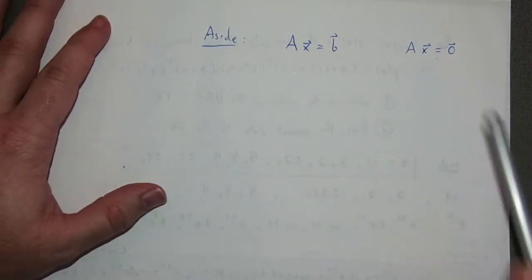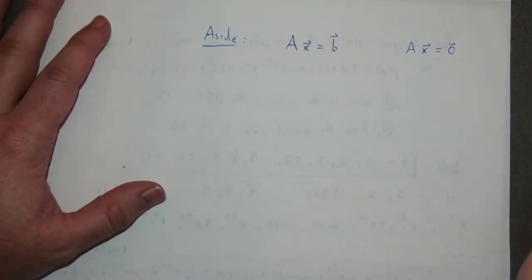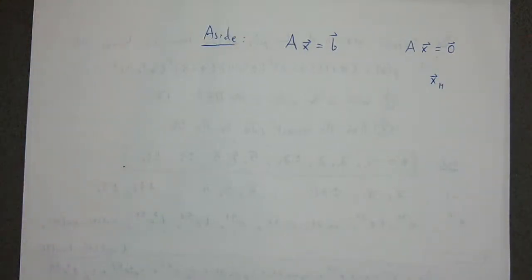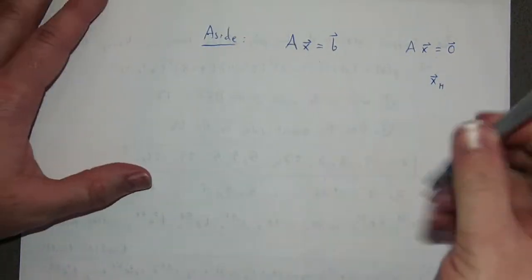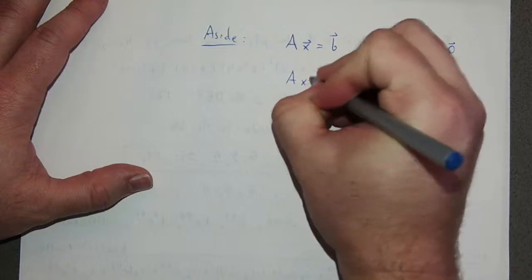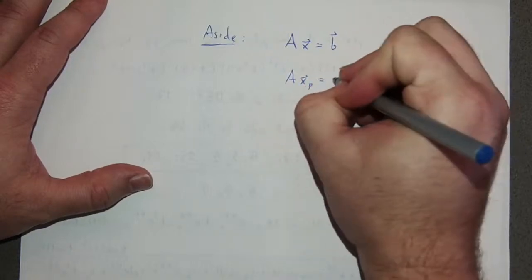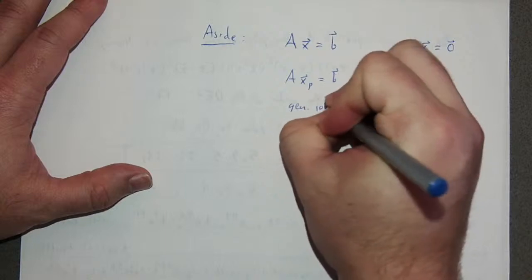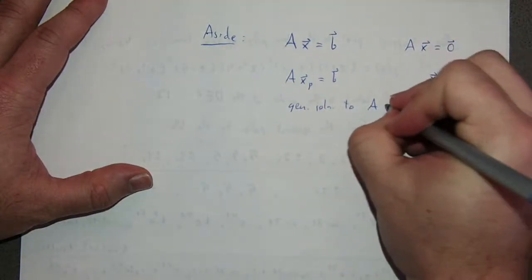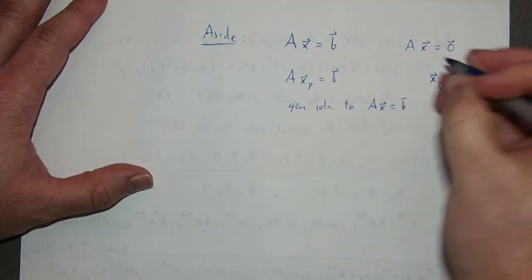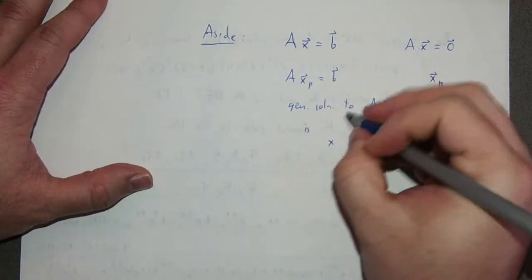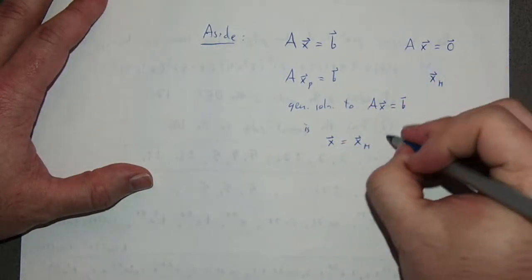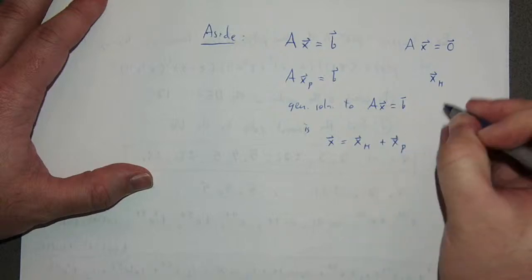Well, if this has a solution, maybe I'll call it x sub h, and this has a particular solution x sub p, so let's say that A x_p is equal to b, then the general solution to Ax equals b is x equals the homogeneous solution plus the particular solution.